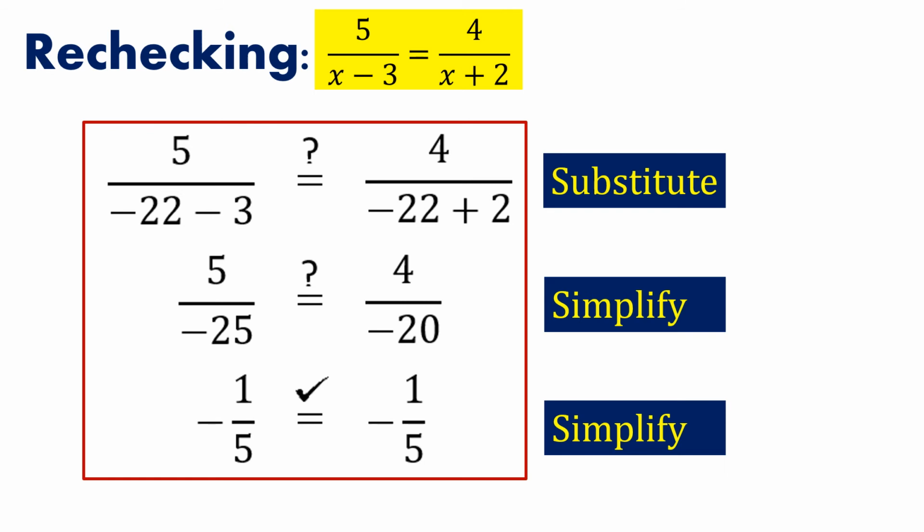Clearly, the solution set of the given rational equation is the set containing -22. Let us now consider example 3.